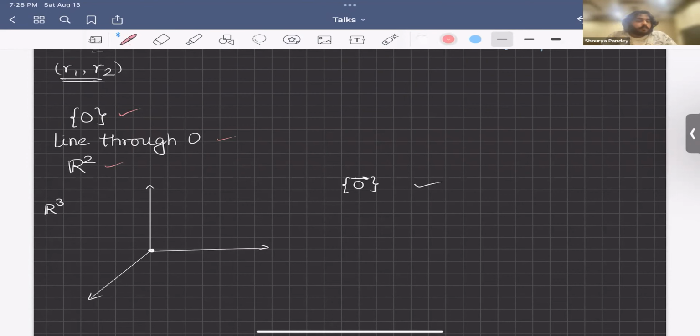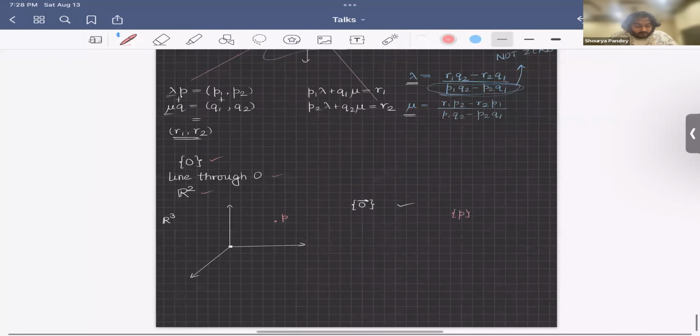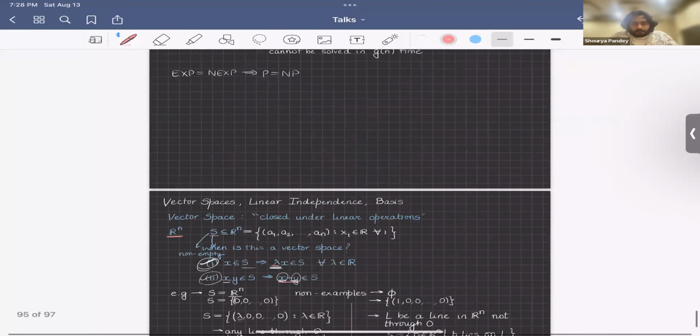And now if I want another vector space in R cube, I'll pick a point P and assume that P is in the set, and then sort of close the set. What I mean by that is I put P in the set, and now I keep putting elements in this set so that it is a vector space, and I just put the least number of elements possible. So if I have P in the set, I only put elements that must be in the set so that I don't violate the conditions of a vector space. That is 1 or 2.